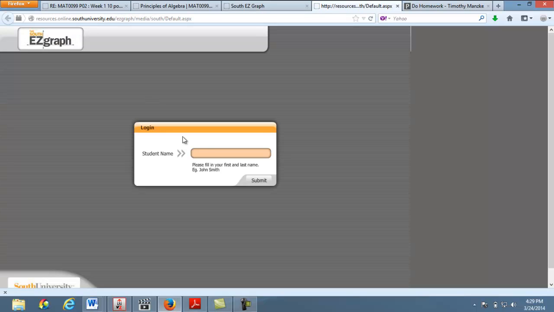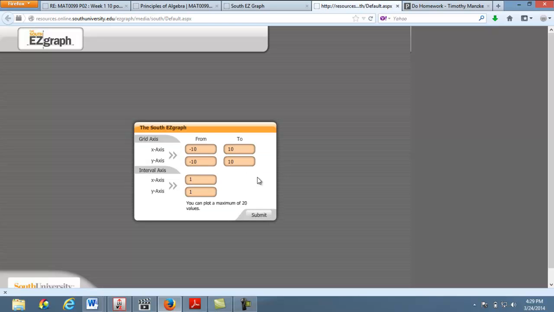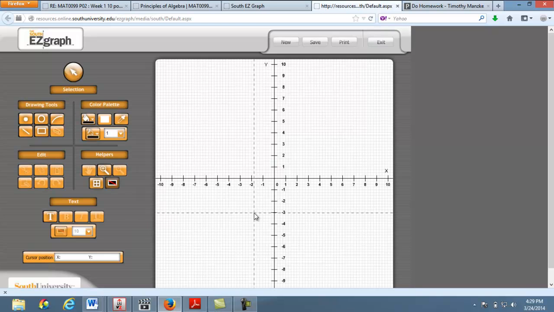I would put my name, Tim Manzke, and submit. Look at the range for your x-axis and y-axis. These particular pieces of information that we're working with should work. So I'm going to click on submit.